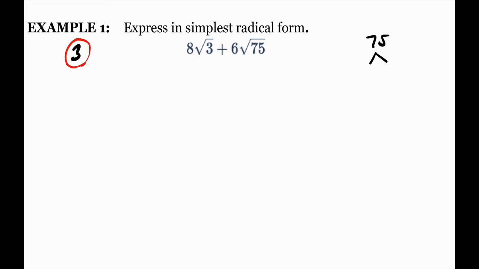What makes 75 using multiplication? 25 times 3, that's one of them. Sure, we can start there. 3 is prime, it can't be broken down. And then 25 is 5 times 5.